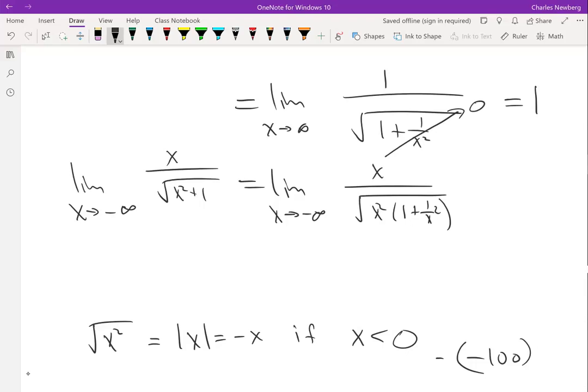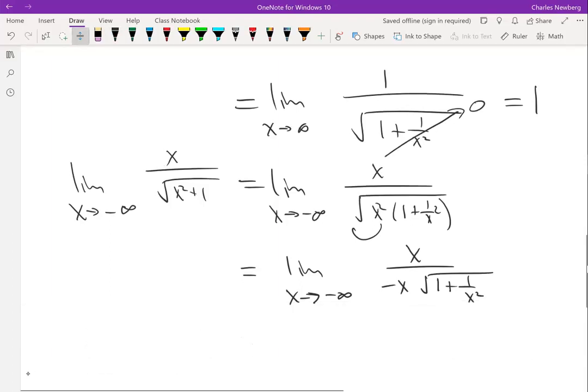So in this case, what's going to happen? We're going to get the limit as x goes to minus infinity. We're going to get x, but it's not going to come out as x. It's going to come out as a minus x times the square root of 1 plus 1 over x squared.